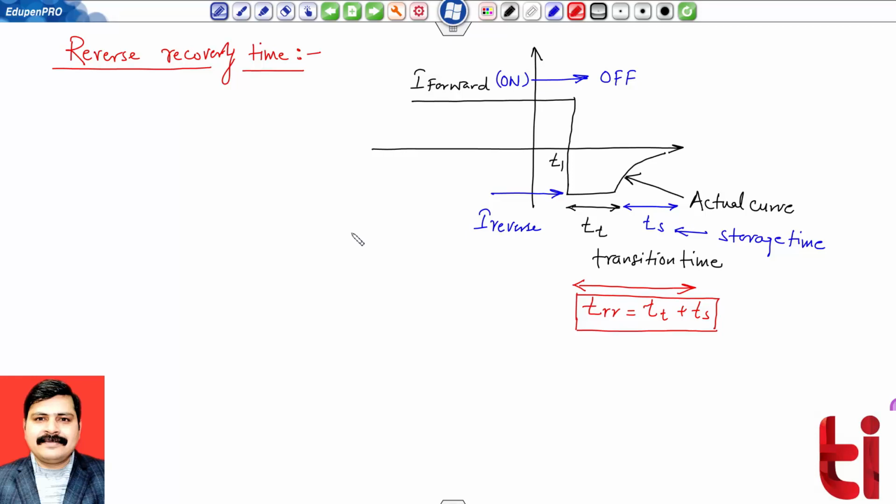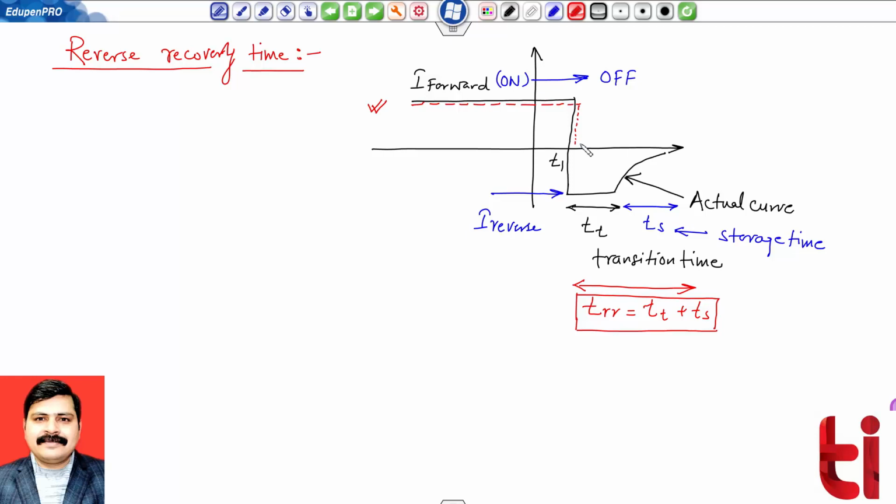Okay, so let's see the functioning. Initially, my diode was in on condition. At a particular time T1, there is a transition from on condition to the off condition. So what is my expectation? I'm drawing over here with red colored dotted line, like this is my on situation.